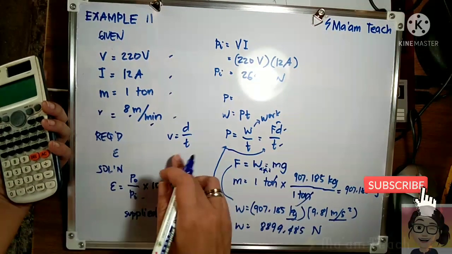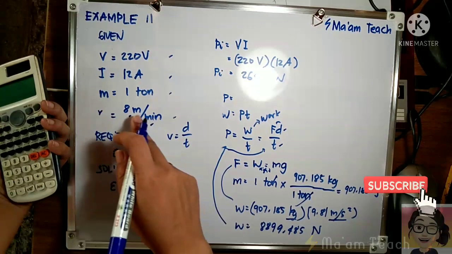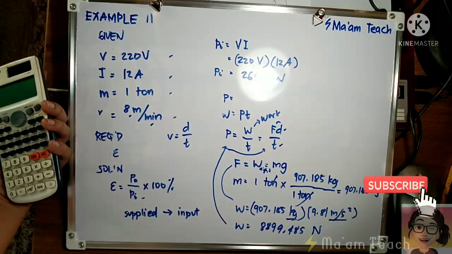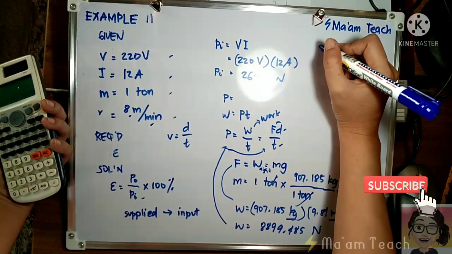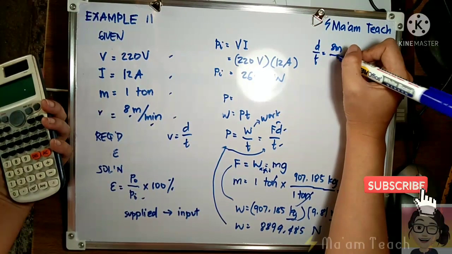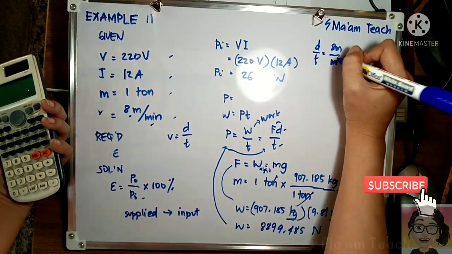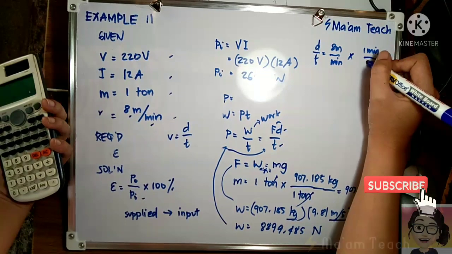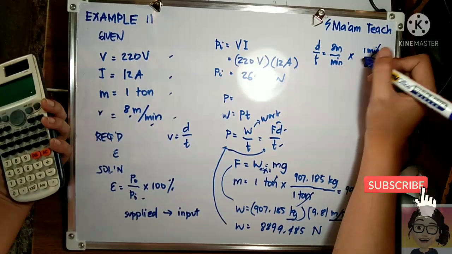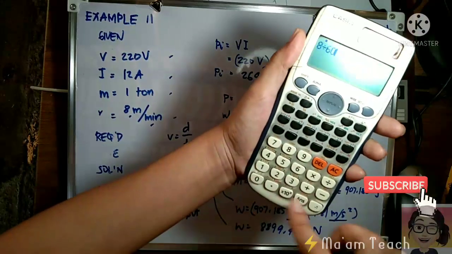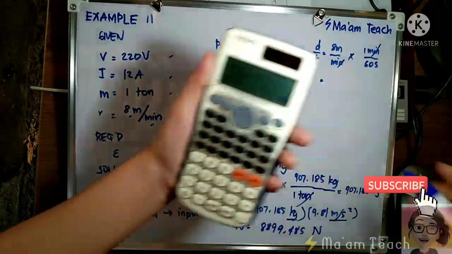So from here, class, we have to convert first this minute into second. Converting distance over time, this is 8 meters per minute. We have to convert, 1 minute has 60 seconds. So in order to cancel this out, 8 over 60, that is 2 over 15.